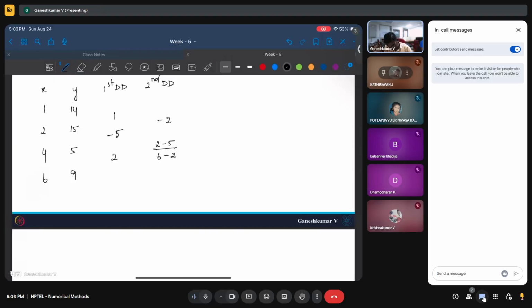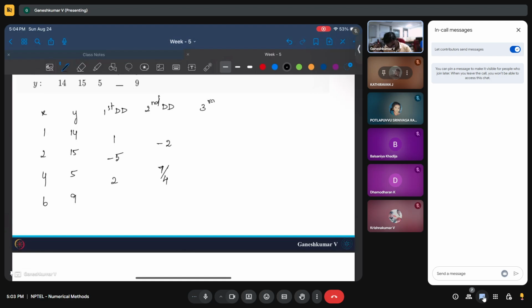And the other one is 2 minus of minus 5, so plus 5, which is 7, divided by 6 minus 2, which is 4. This is 7 by 4.